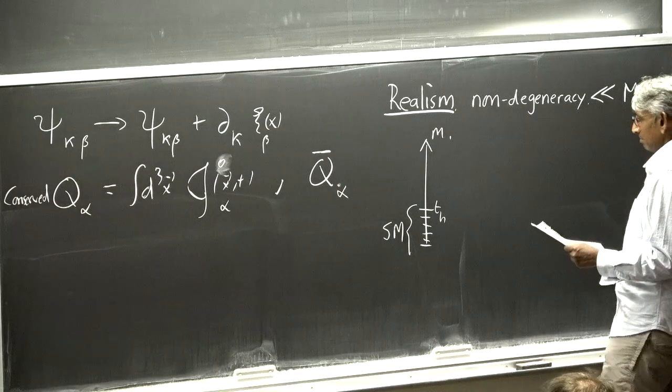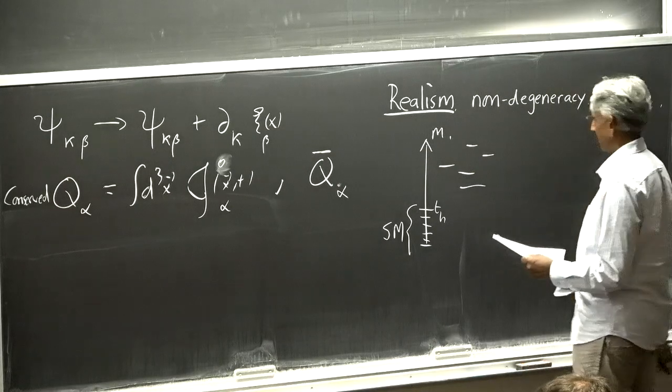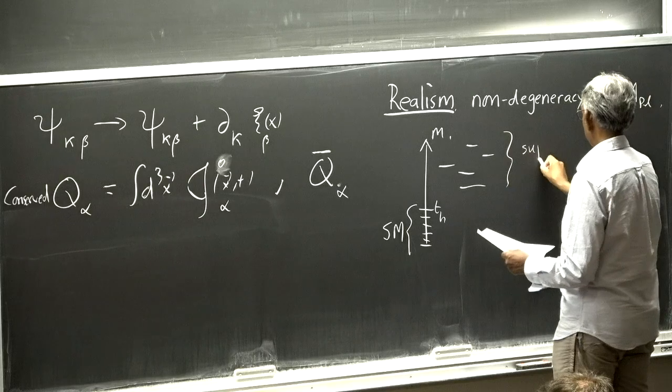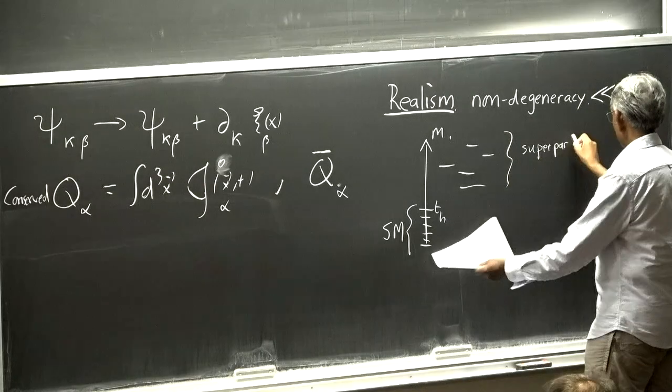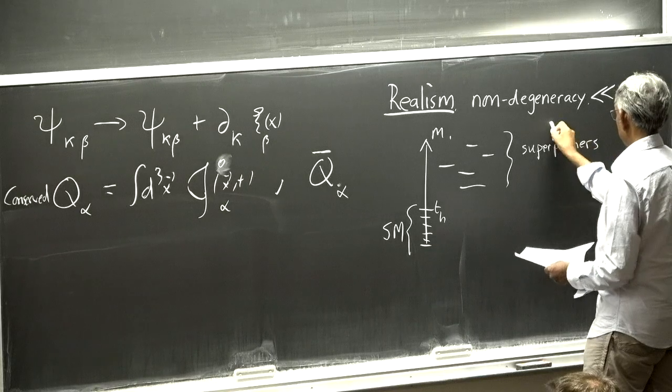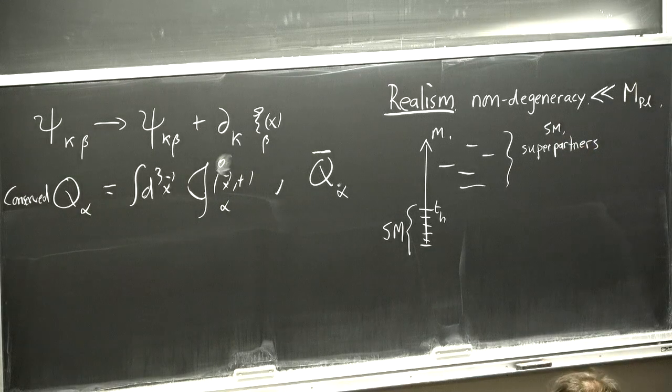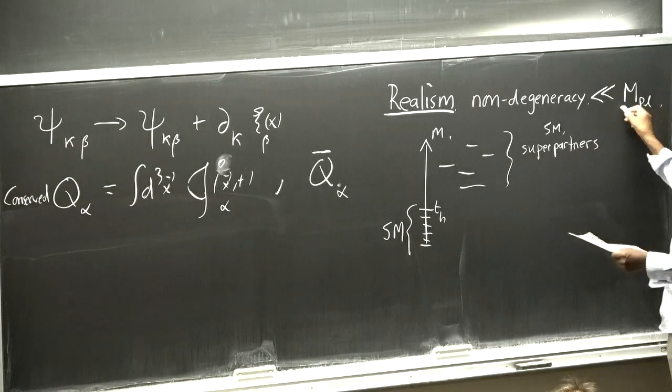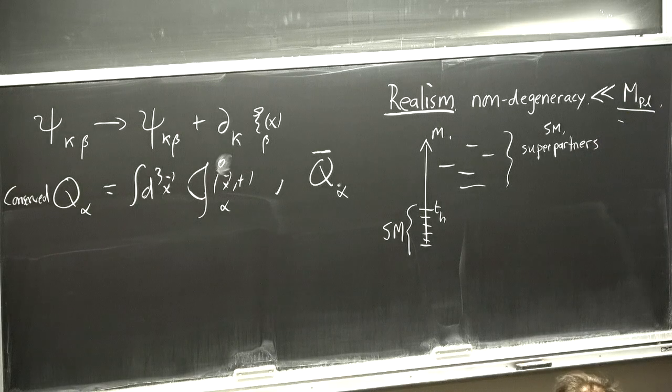But the superpartners of the standard model could be here, just out of reach of the LHC currently. Maybe we'll discover them in the future. That could easily be the case. And of course, M Planck is sitting somewhere on the roof, so this is a tiny non-degeneracy. However, it must be there, otherwise this theory is ruled out.